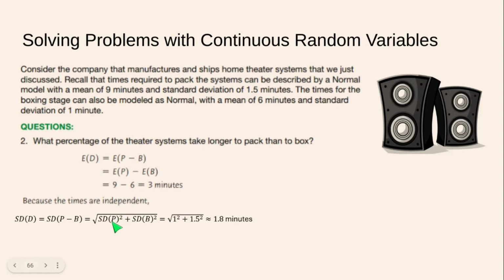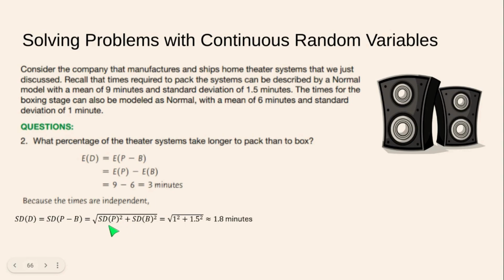We still add the variances together, the squares of the standard deviations, and then square root to find the standard deviation of a difference of random variables. When we're talking about variances or standard deviations, whether we're adding or subtracting variables, we are introducing new variation either way. All right, so the variation is going to increase regardless of whether the sign is plus or minus. Hopefully I've driven that point home.